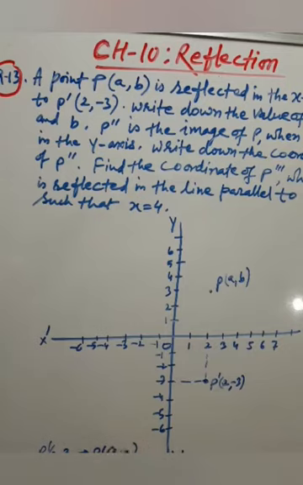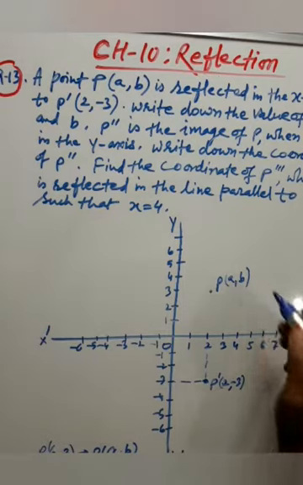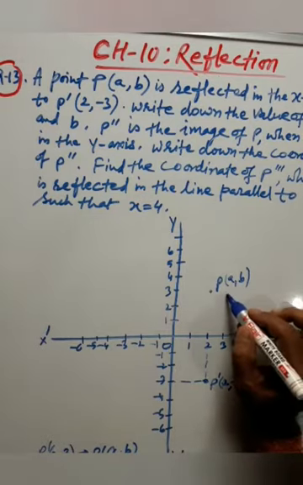So this is the corresponding image. So therefore A is equal to 2 and B equal to minus 3. So this is one answer. Okay, B is 3, not minus 3. B is 3 because it is minus 3, so the ordinate sign will change. So it will be 2 and 3.